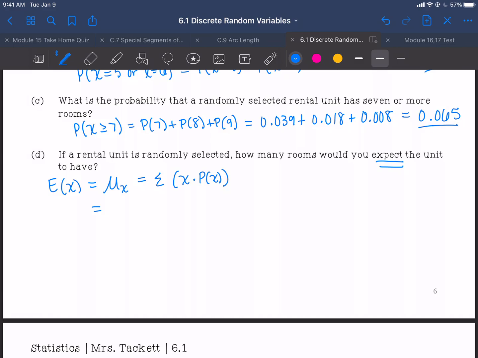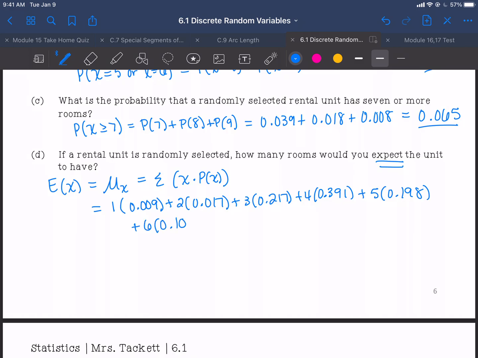All right, so we have 1 times 0.009 plus 2 times 0.017 plus 3 times 0.217 plus 4 times 0.391 plus 5 times 0.198 plus 6 times 0.103 plus 7 times 0.039 plus 8 times 0.018 plus 9 times 0.008.